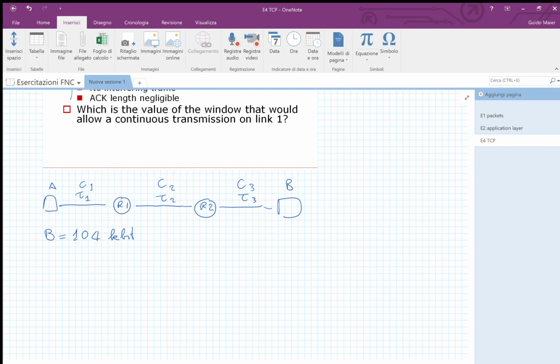If you divide it by 8, you obtain the value in kilobyte, which is 13 kilobyte.